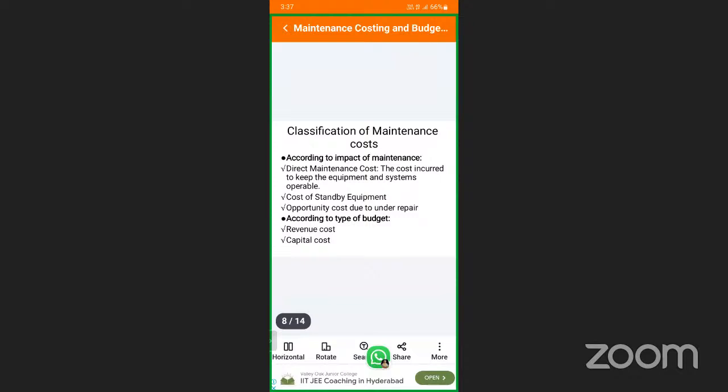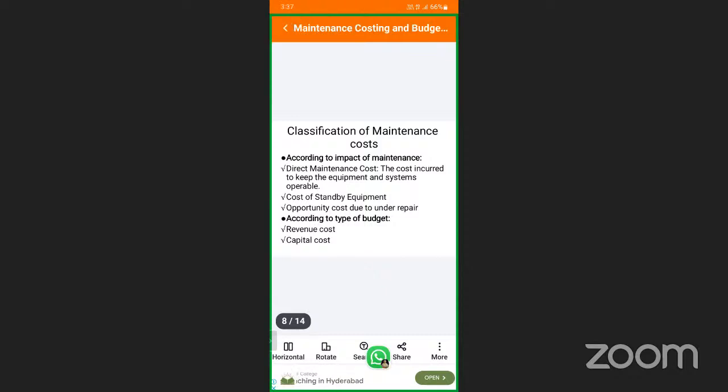Capital costs are where we have included this maintenance cost in our overall budget. When we have bought the equipment, suppose the economic life of the equipment is 10 years. At that time only we allot for the entire lifetime of 10 years so much for the maintenance. Say the machine's cost is 10 lakhs.